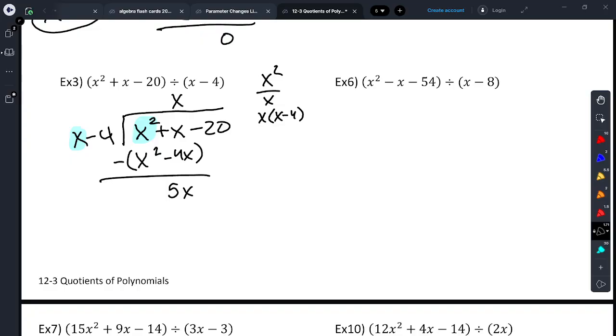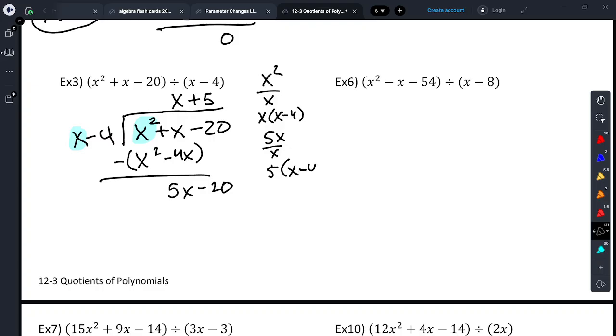Bring down the, not the 20, negative 20. Yeah? Next step? 5x divided by x. That's easy. What is it? 5. What kind of 5? So plus 5. Good. What do I do with that? Multiply the 5 by what?